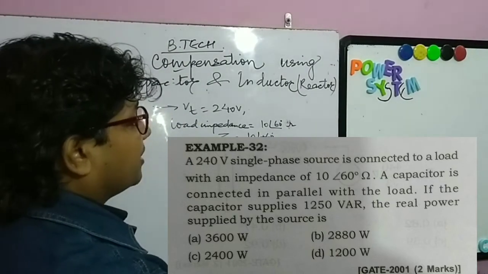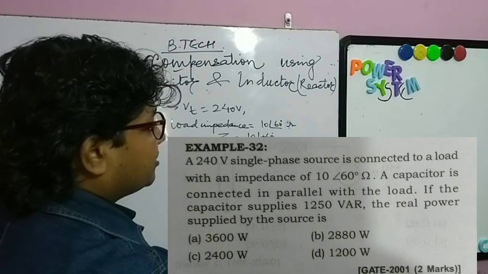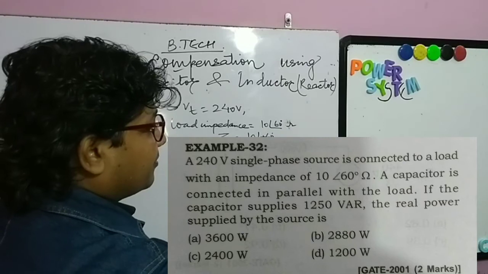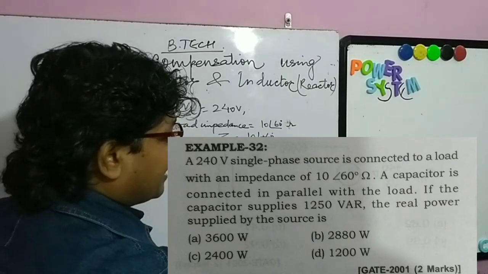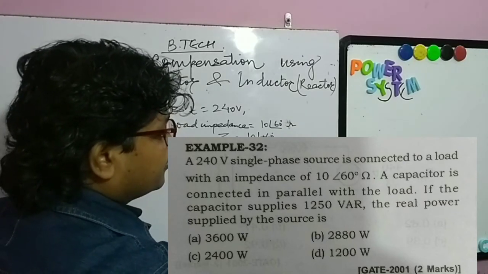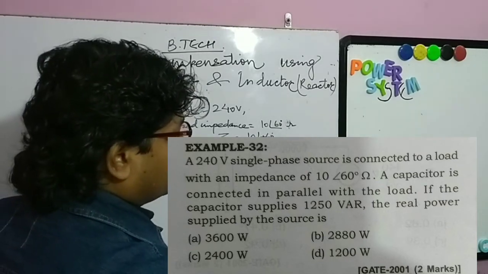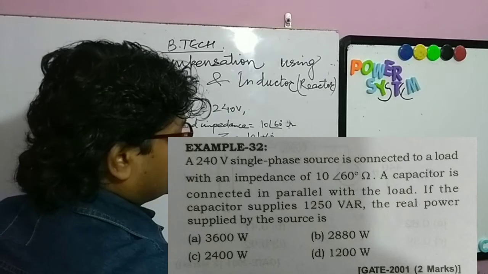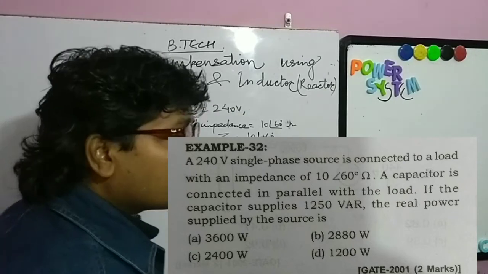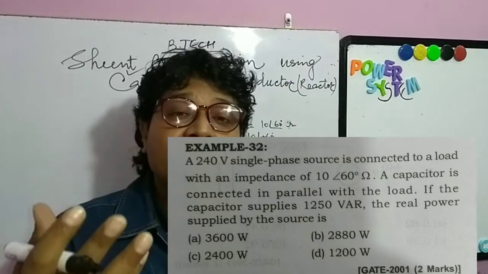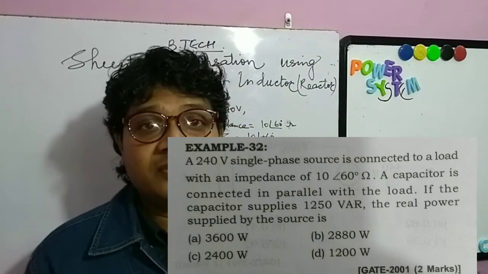If it had been Z_L equal to 10 angle minus 60 degree, a negative angle, that would indicate a capacitive load. Then the load would provide you the reactive power.